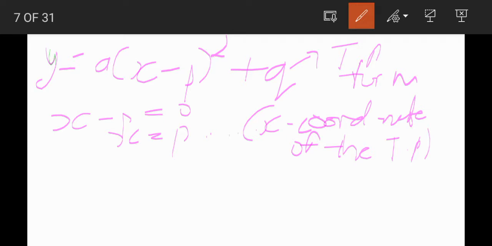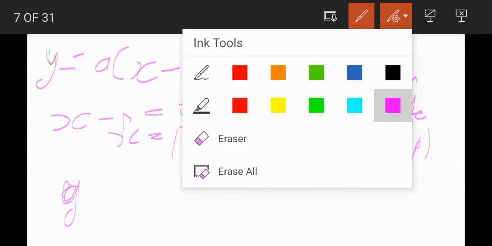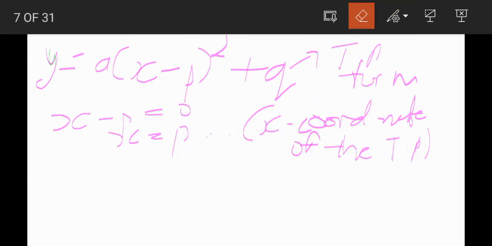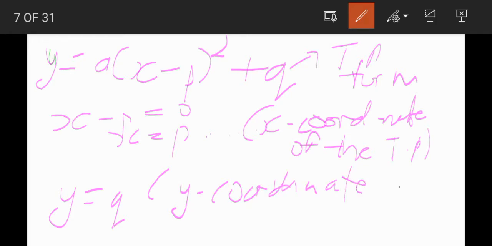So this is the x coordinate of the turning point, and y equals q will be the y coordinate of the turning point, right? So you can see the difference with this one. We were using the same letters p and q also for the hyperbola, but they don't mean the same.